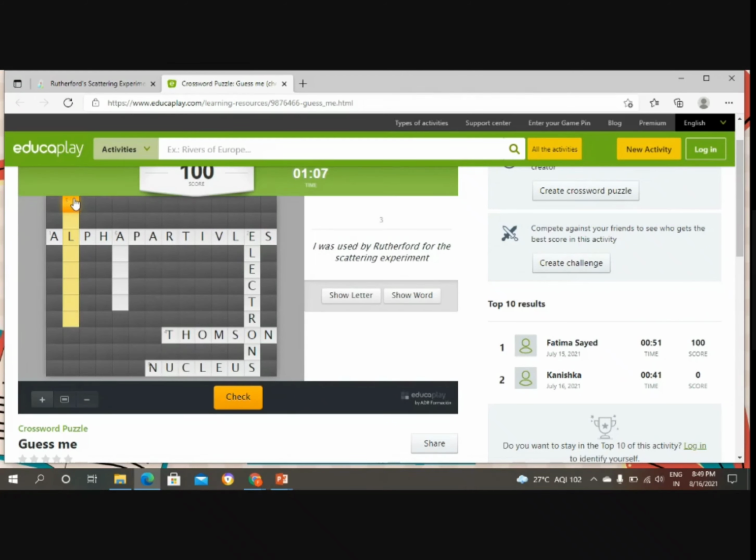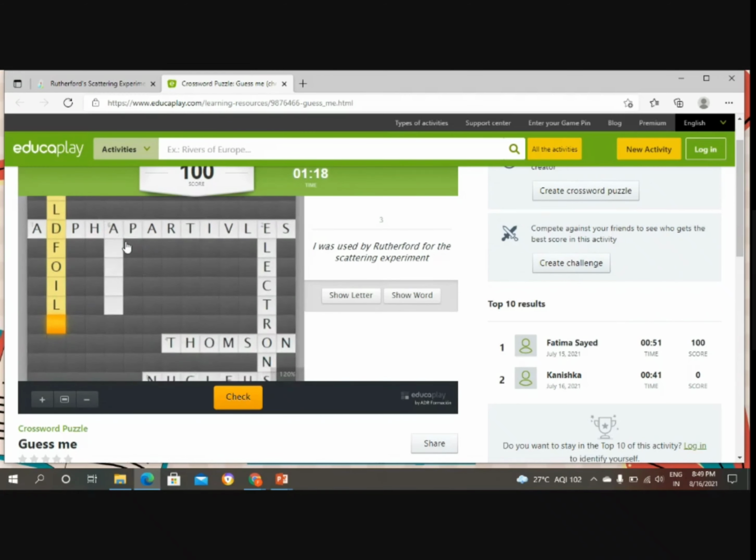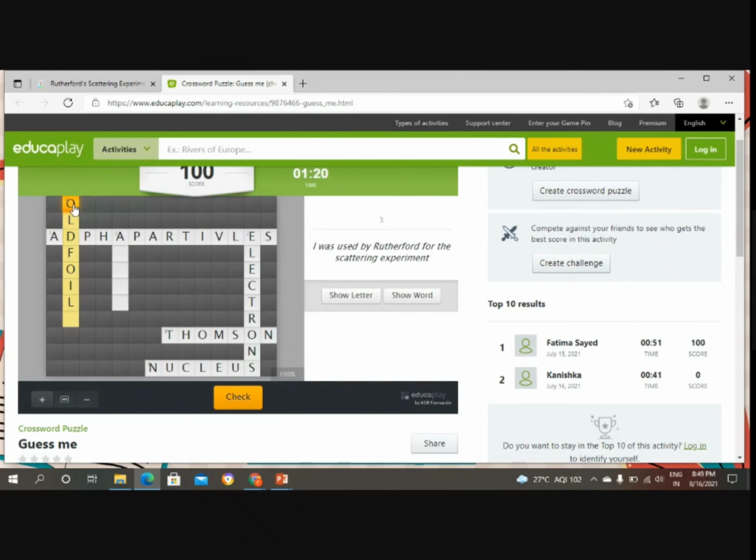Let's look over here. I was used by Rutherford for the scattering experiment. He used the gold foil.